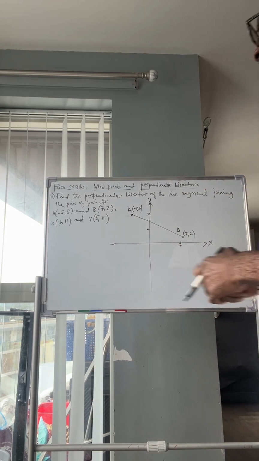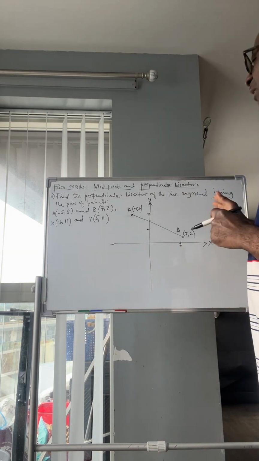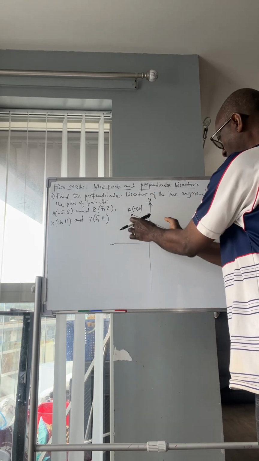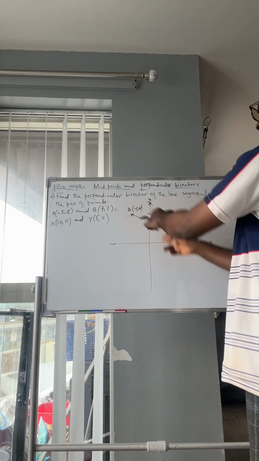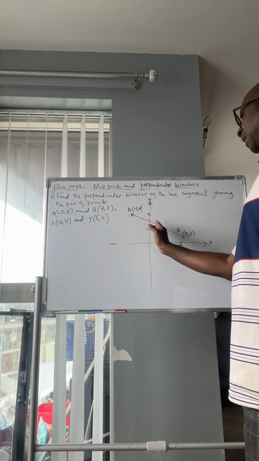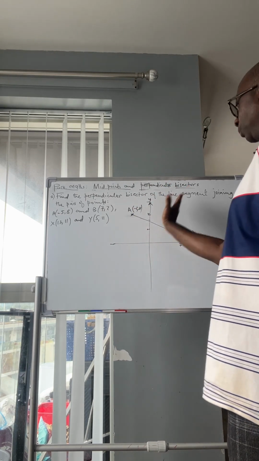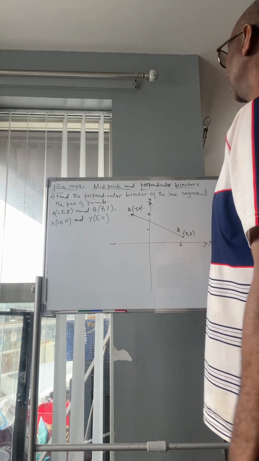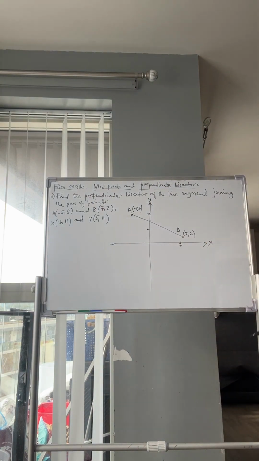That is the most important. It's got to be perpendicular, and it has to pass through the midpoint of these 2 points. At the same time it should be at right angles to this line segment. So we are looking for that line.